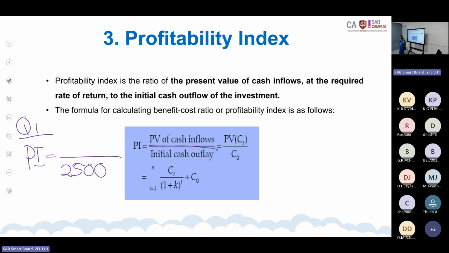Present value of all future cash flows, 2,725.51. Now calculate the profitability index. This refers to question number 1. What is the profitability index now?